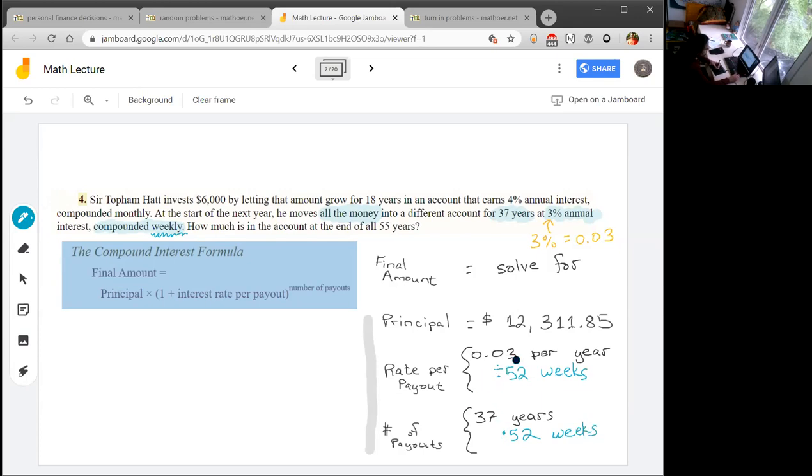Okay, if I do 0.03 divided by 52, I'm going to get some ridiculously small decimal. So I'm actually not going to do that. For the 37 times 52, then I get 1,924. So that's how many payouts happen.